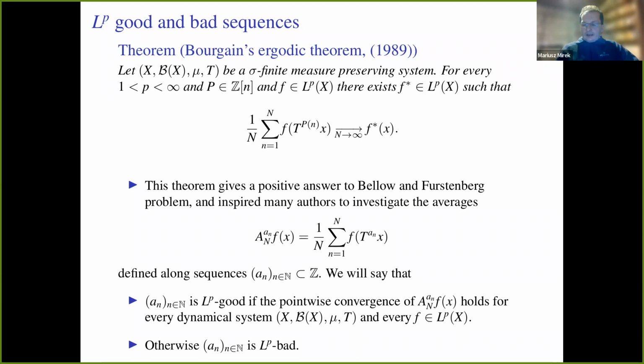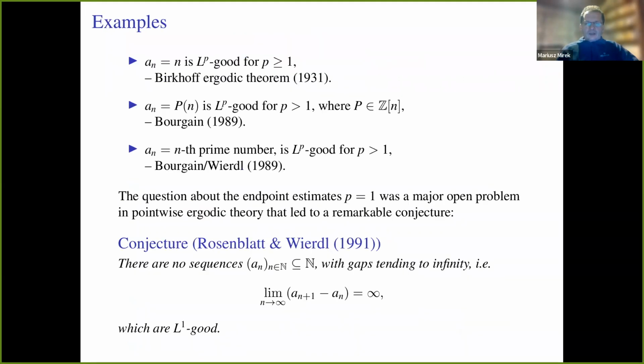Now let me give you some examples, and how things developed over the years since Bourgain's paper. Of course, if we take a_n equal n, then the classical Birkhoff ergodic theorem says that this sequence is L^p good for any p bigger or equal to 1.